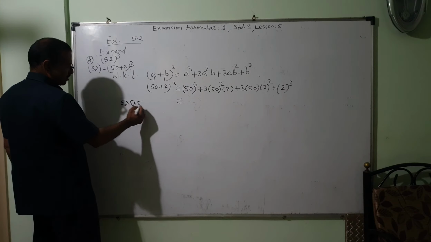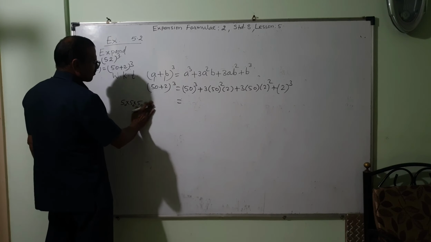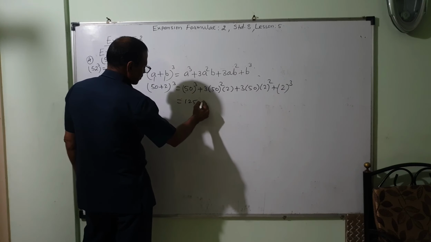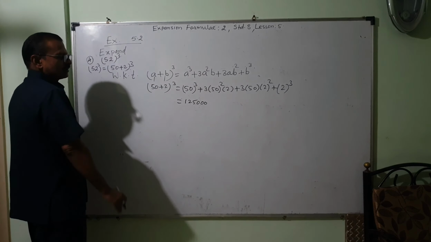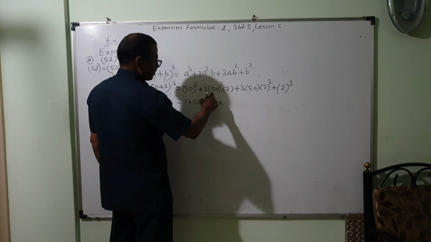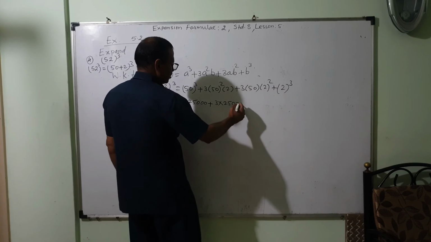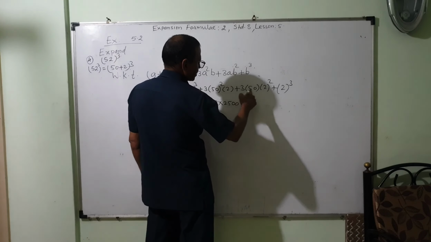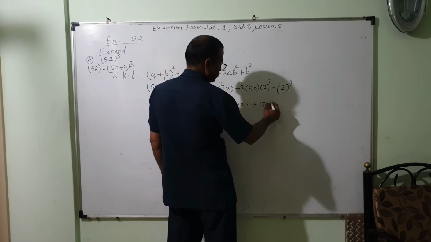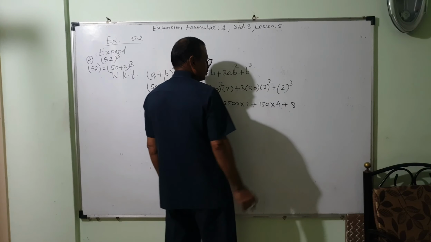This way, so 50³ means 5 into 5 into 5. Here 1 0, here 1 0 and here 1 0. But 5 into 5 into 5. 5 5 are 25, 25 5 are 125. So 125 and those 3 zeros, plus 3 into this is 50², 5² is 25 and this 0 2 times, into 2, plus 3 50s are 150 into 2² is 4, plus 2³ is 8. 2 into 2 into 2.